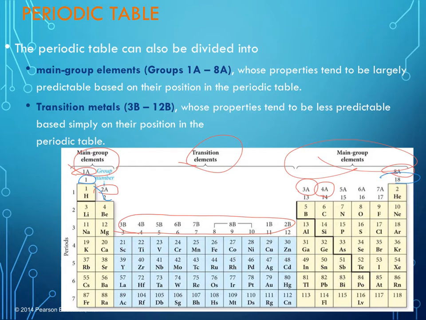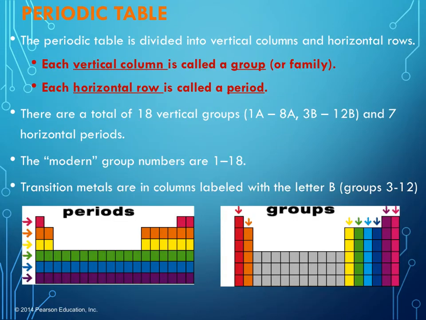A vertical column is called a group, and a horizontal row is called a period. One thing that's really important to remember throughout chemistry is that elements in the same group, that is the same vertical column, have similar properties.